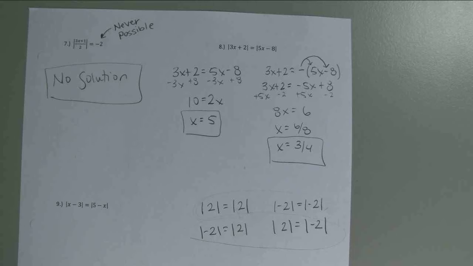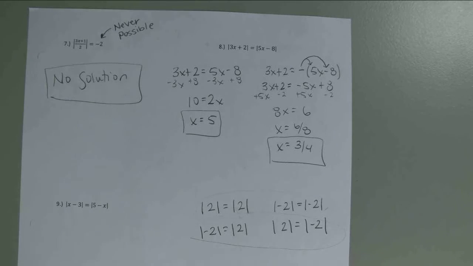So 3 times 5 is 15, 15 plus 2 is 17, and if you plug it into the other side, 5 times 5 is 25, 25 minus 8 is 17. So 17 equals 17. 3/4 is a little bit trickier to check. But whenever you do it, the left will equal the negative of the right, but that's okay, because they're both in absolute value, so the positive will pop out.